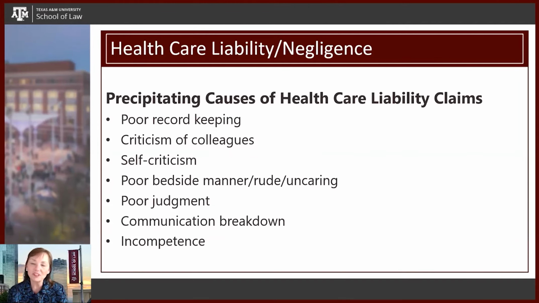So precipitating causes of healthcare liability claims, there's several, and we see these over and over in allegations. Poor record keeping or poor documentation is definitely something that's a precipitating cause. Now, again, documentation is generally one of the major pieces of evidence in any healthcare liability claim.